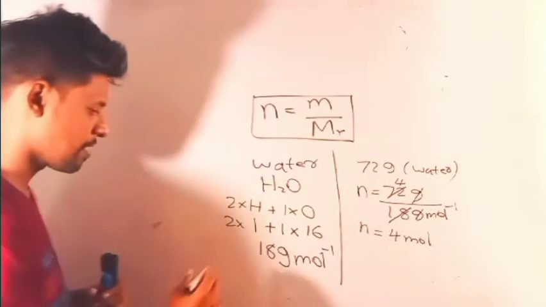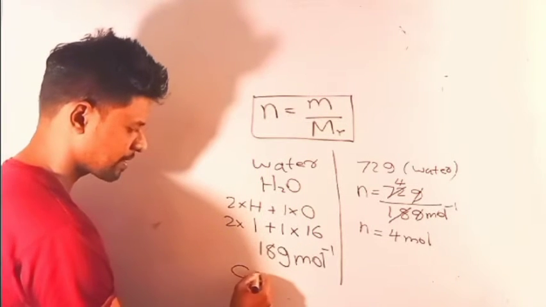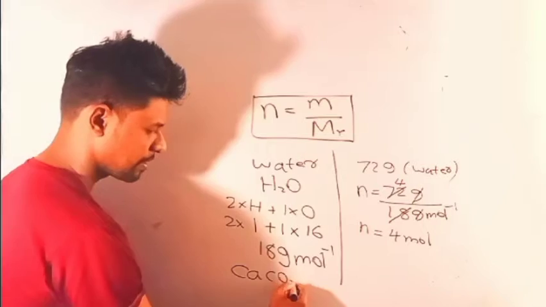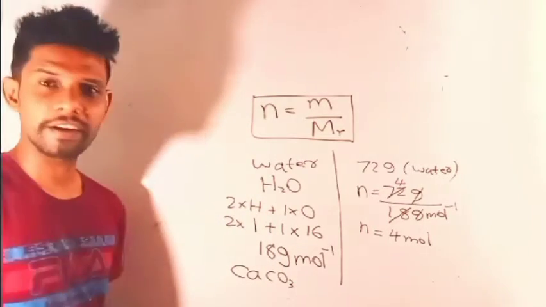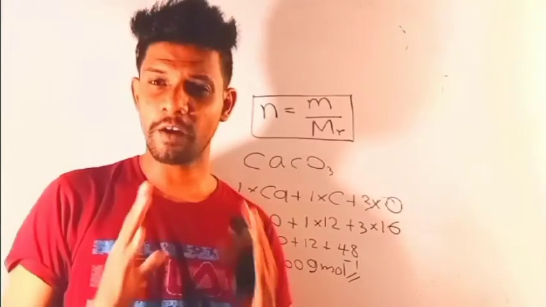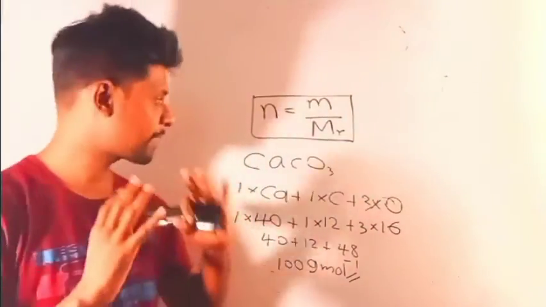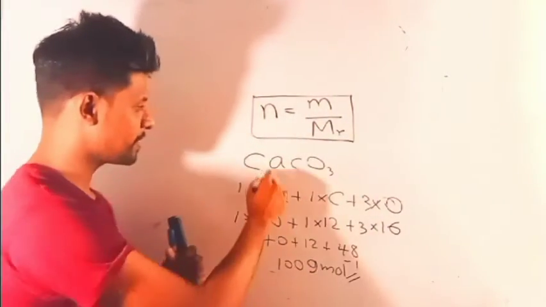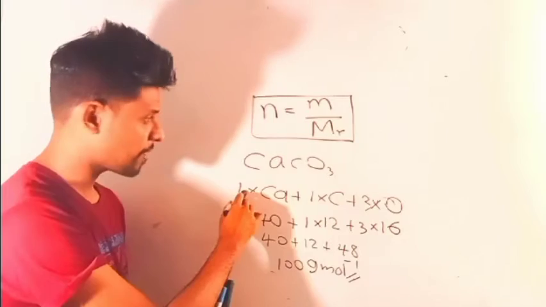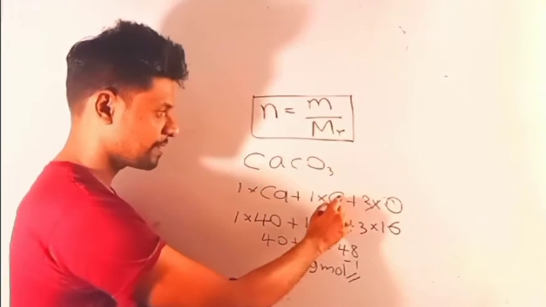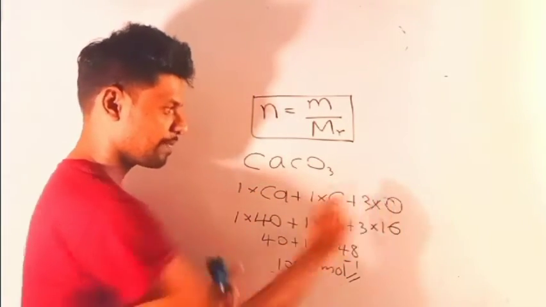Now think about calcium carbonate. How to find the molar mass of calcium carbonate? Have a good look. For calcium carbonate, it's 1 calcium, so multiply by 1, 1 carbon multiplied by 1, and there are 3 oxygens multiplied by 3.